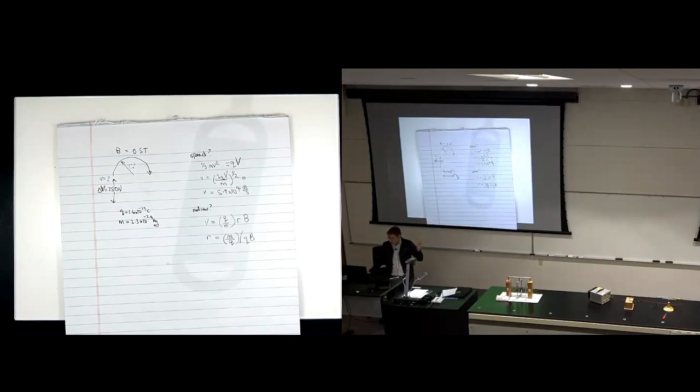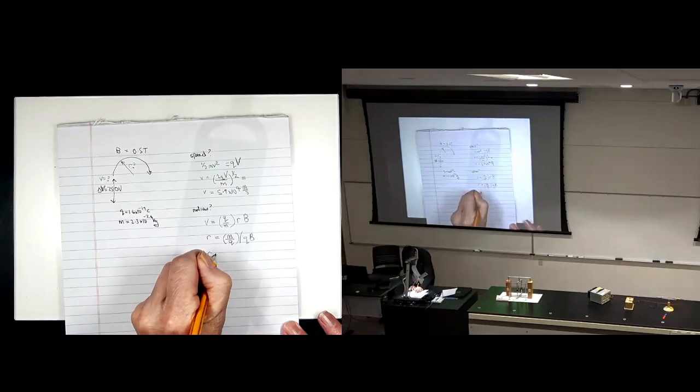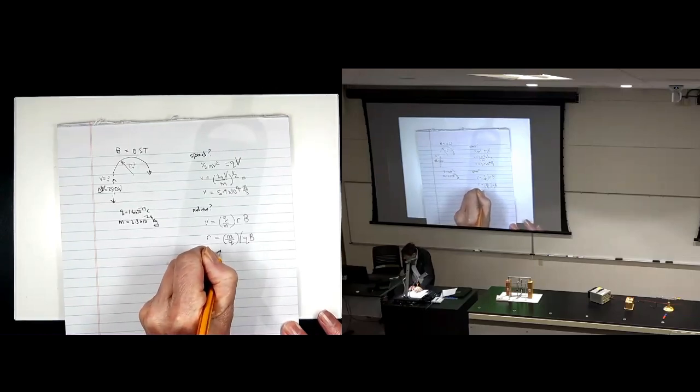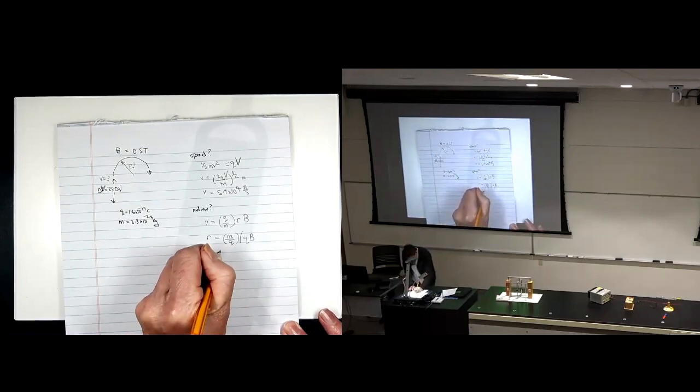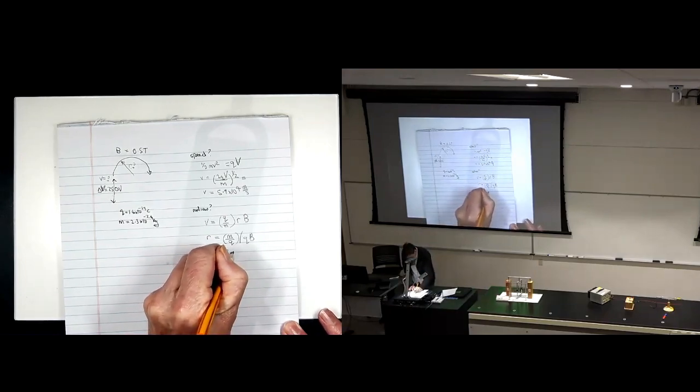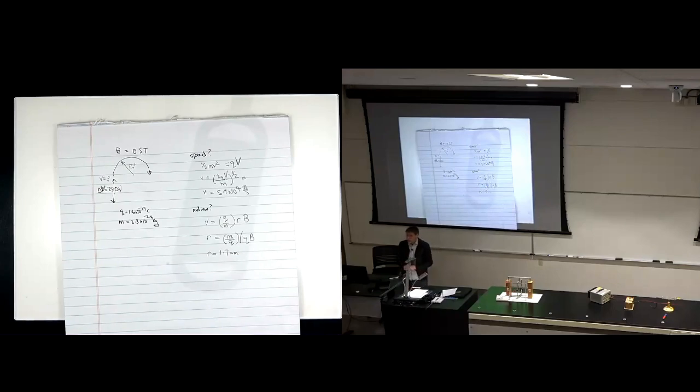I know the mass and the charge of the carbon-14 atom because we were told those, and I know the magnetic field. It was 1/2 Tesla. So I plug in all those numbers, and I got 0.017 meters. It's 1.7 centimeters, and so that's the radius of the circular motion.